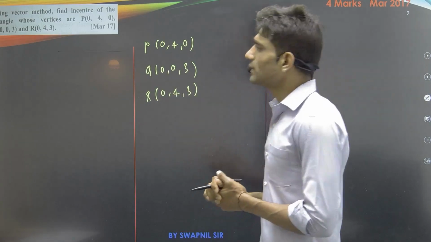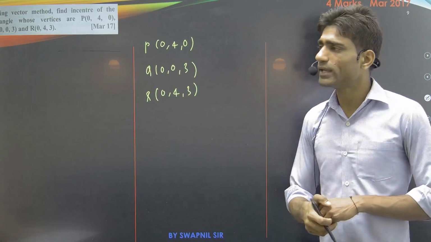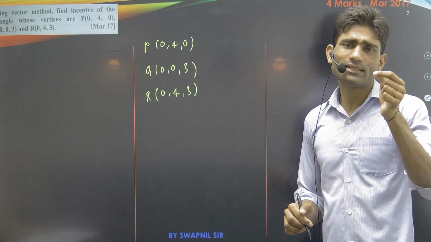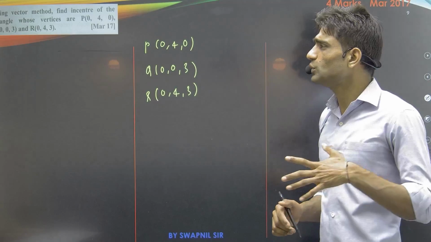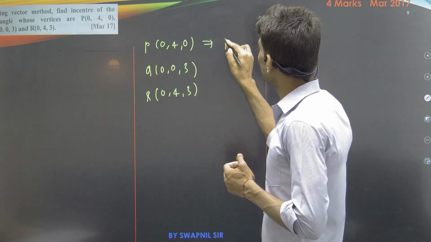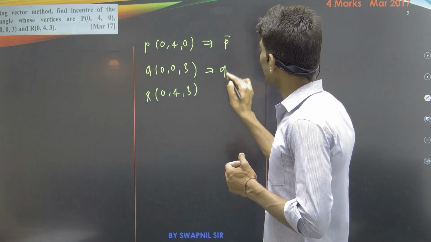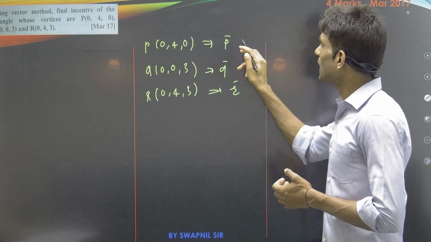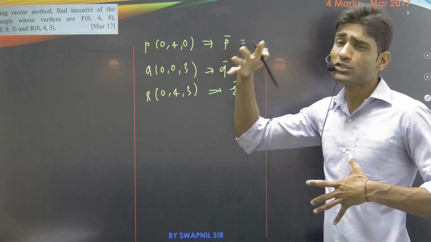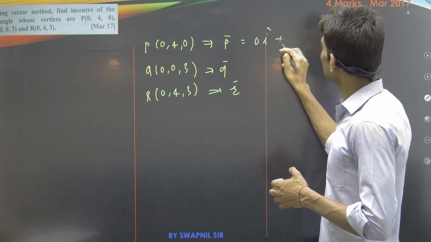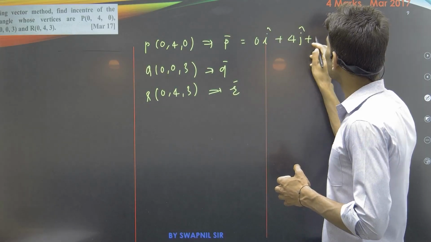We have three vertices given, and every vertex has a position vector. With vertex P we have position vector P bar, with vertex Q we have position vector Q bar, and with vertex R we have position vector R bar. We write them in terms of i, j and k. P bar equals 0 times i cap plus 4 times j cap plus 0 times k cap.